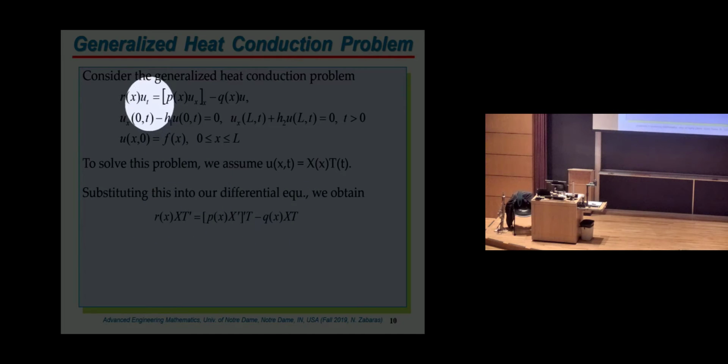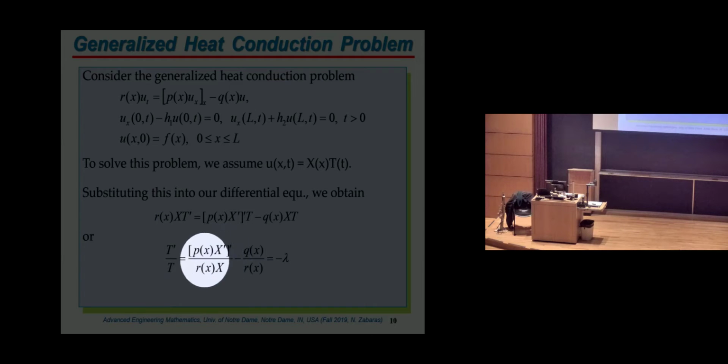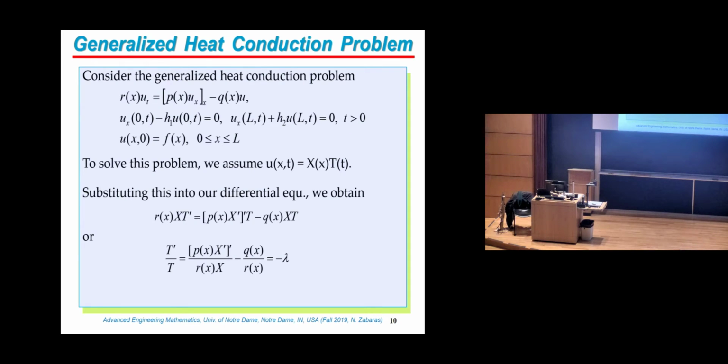We agree? u_t will become X T prime, right? u_x will become X prime times T, because these are derivatives with respect to x, and u is X times T. So I divide by X times T, and I get separation of variables: T prime over T equal to this big term here equal to minus lambda, where lambda is a constant.